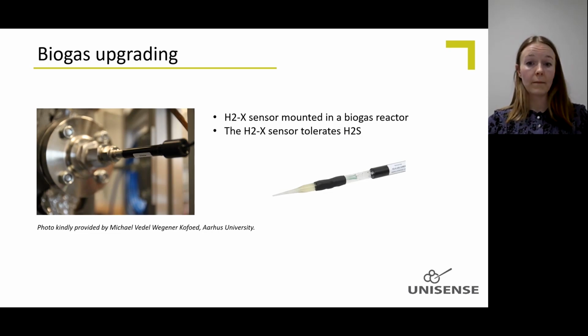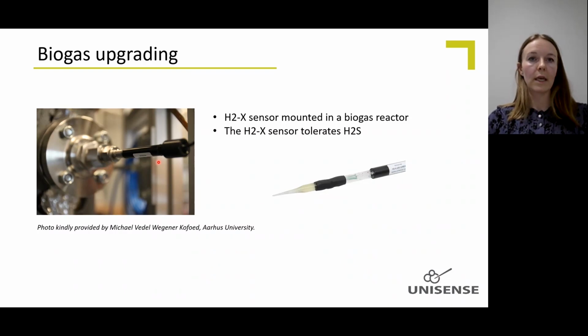But we have developed a sensor that can tolerate hydrogen sulfide, and this sensor is called H2X. The H2X sensor has a front guard that simply removes hydrogen sulfide in solution so that it doesn't interfere with the hydrogen measurement. On the photo here, you can see this H2X sensor mounted in a biogas reactor, detecting hydrogen in a hydrogen sulfide containing environment.